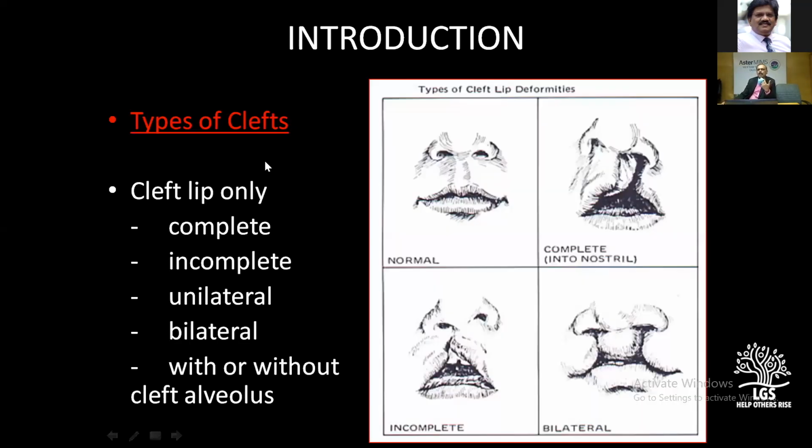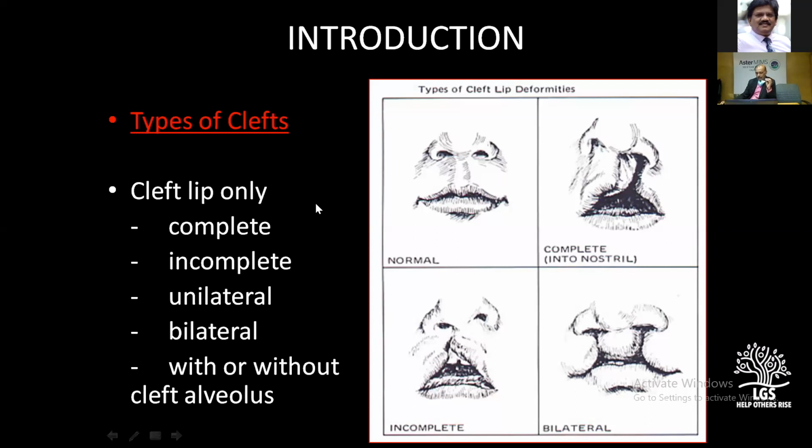Right. Everybody thinks, okay, you have a cleft lip or a cleft palate, and that is the be-all and end-all of it. Technically, not so. It comes in a wide variety of bizarre presentations. You can see here, in isolated cleft lip, we can have a complete one like so, an incomplete one like so, a unilateral one or a bilateral one, with or without a cleft alveolus.